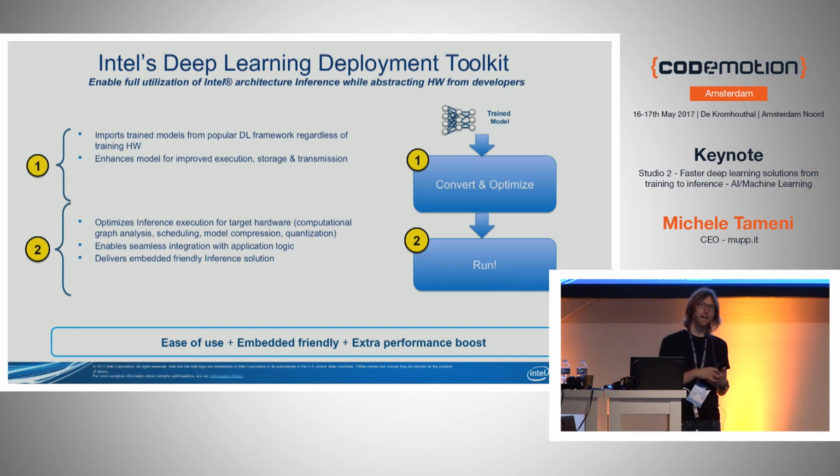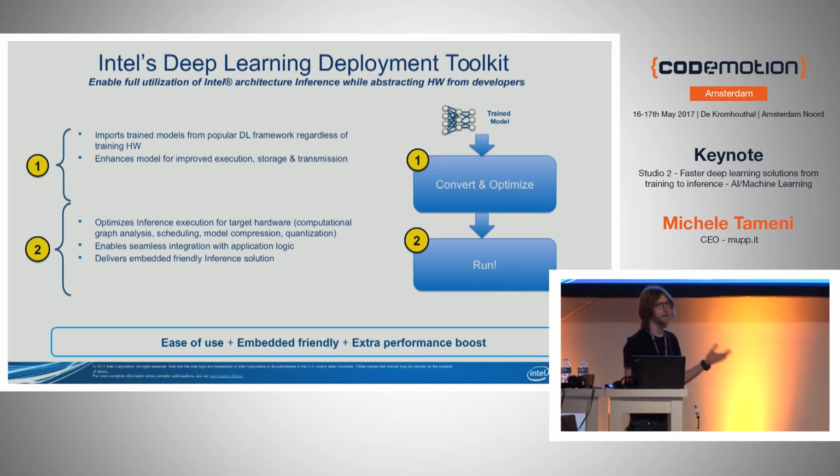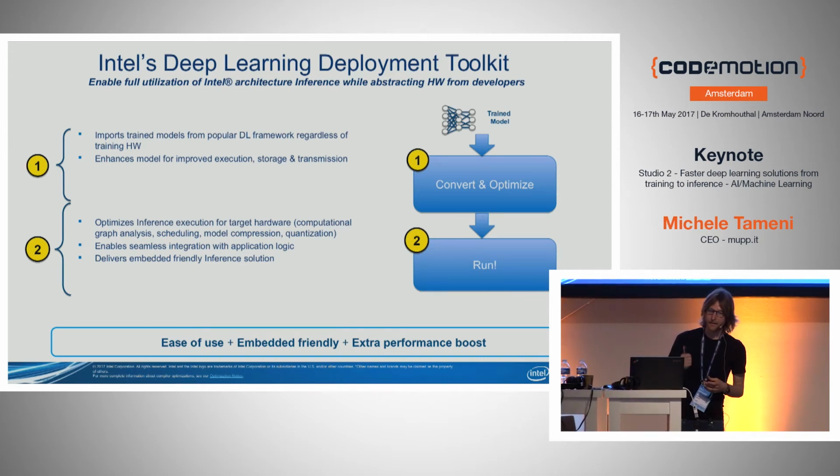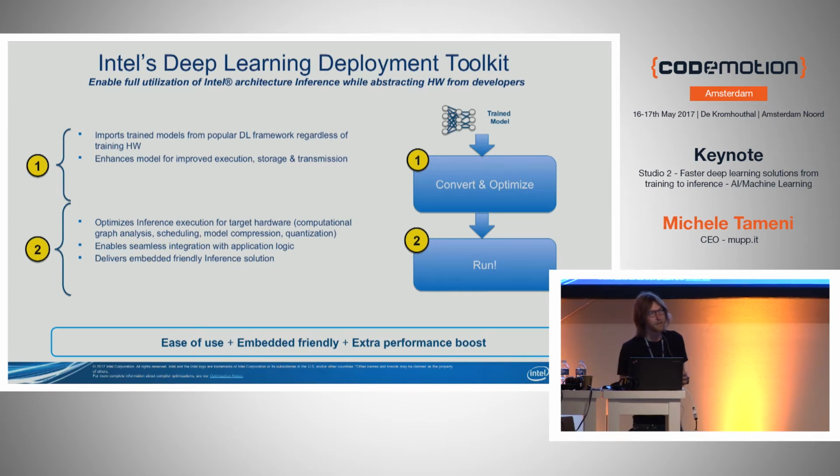You get a nice API that allows you to use a model that you built with another framework, lets you convert the model to the framework of your choice, and also to optimize the inference and integrate your application logic into the inference.